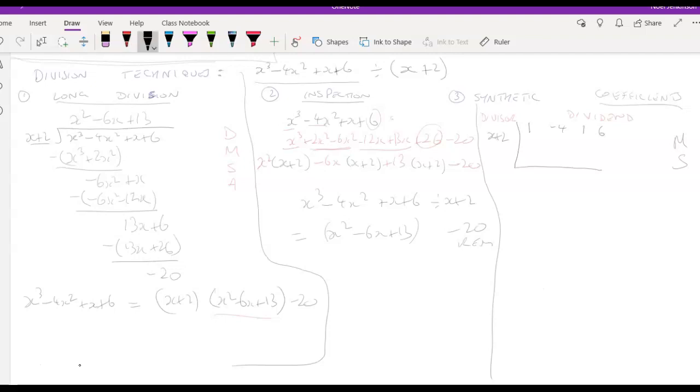Here's the method. We bring down the first one, the 1, what's in front of the x cubed. And now we take our 2. We multiply first. 2 1s are 2. Then we subtract. Minus 4 minus 2 is negative 6. Then we multiply. 2 times minus 6, minus 12.